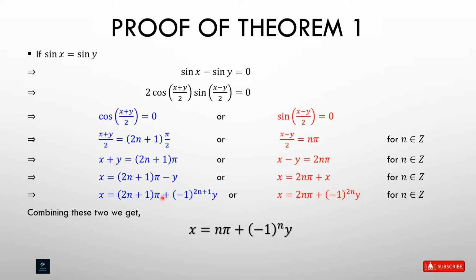Similarly, the coefficient of pi here is an odd number and the coefficient of pi here is an even number. Combining even and odd, we get all the integers. Therefore, combining these two, we get x is equal to n pi plus minus 1 to the power n times y for all n in integer values.